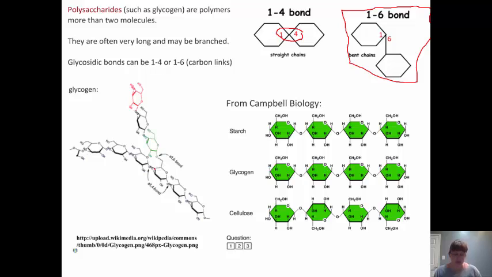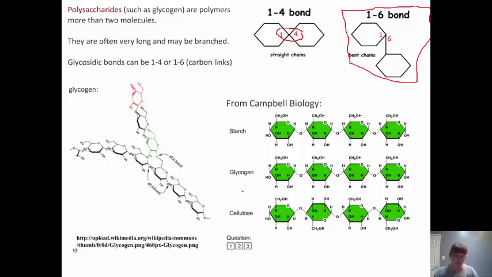There are 3 main types of these polysaccharides. These are the ones listed here: cellulose, starch, and glycogen. Cellulose is always an unbranched polymer. The orientation of the glucose units alternates. It's either up or down, so the glucose kind of flips around.